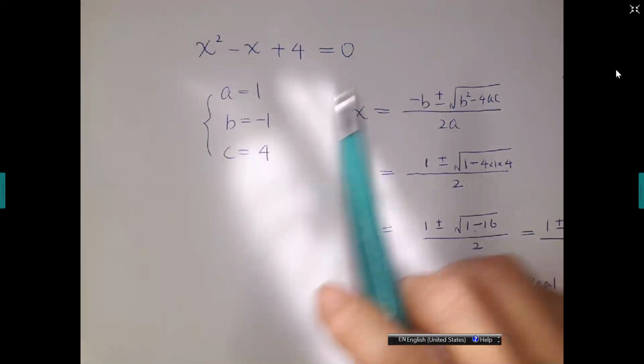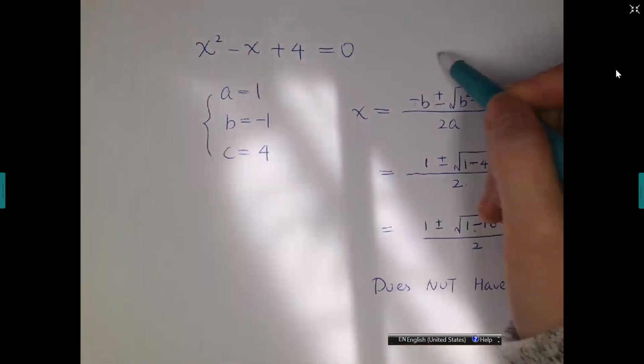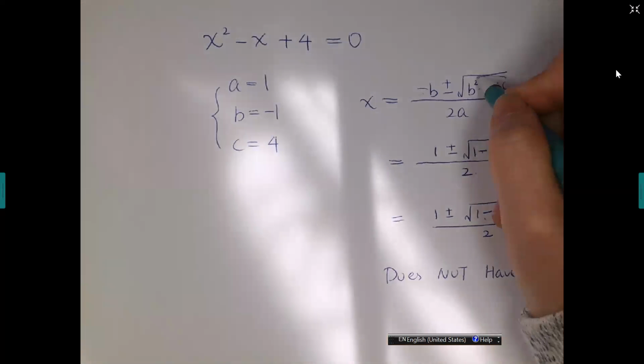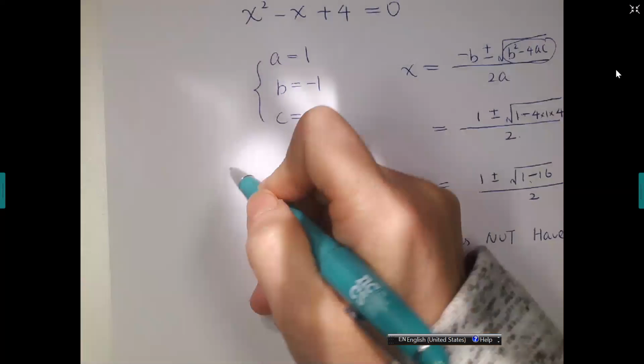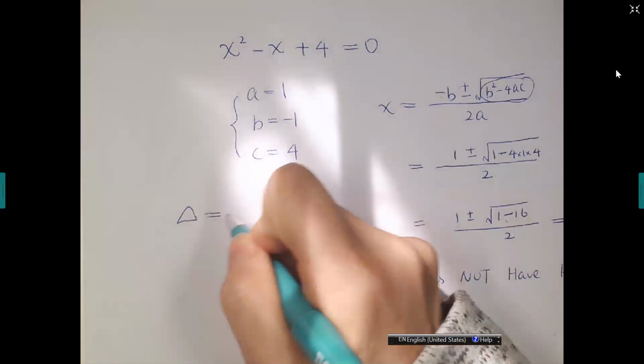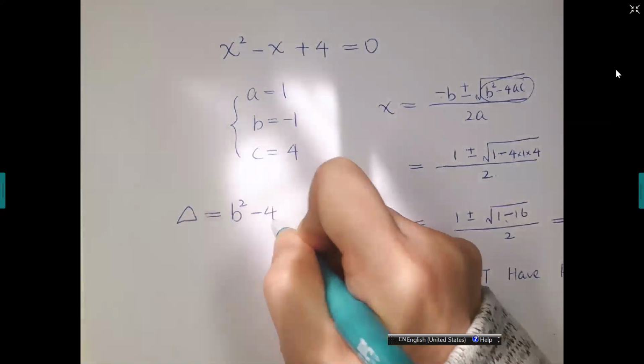Then step 2, no rush to simplify or plug a, b, c into the quadratic formula. We deal with the radicand first. For this radicand, we can just use a symbol called delta. Delta equals b squared minus 4ac.